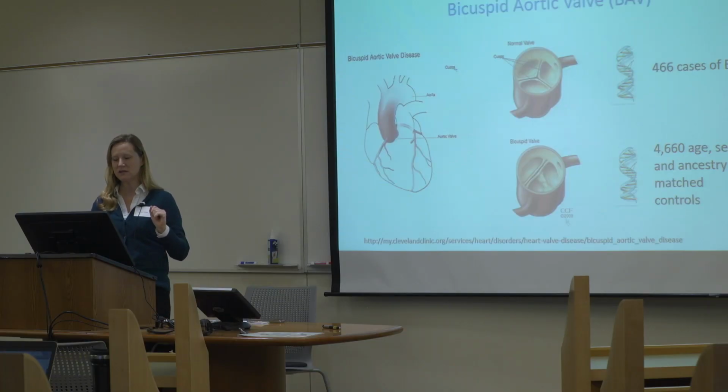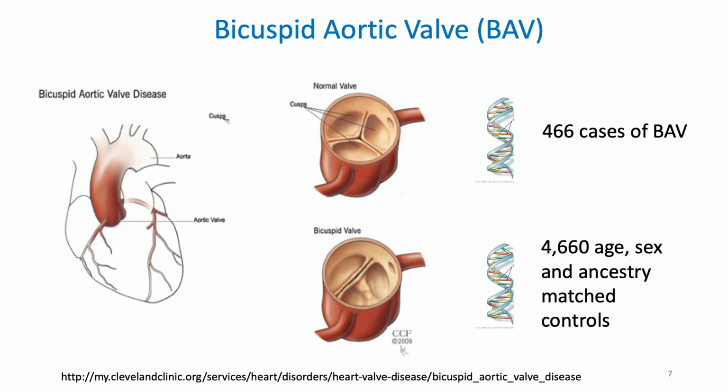So we use this as a boutique biobank to supplement what's already in a large biobank that exists at the university. One of the exemplar phenotypes that we wanted to study was bicuspid aortic valve, which is the most common congenital heart defect. It's a fairly mild congenital heart defect as far as congenital heart defects go. It's estimated up to 1% of the population walks around with this silent, minor change in their aortic valve where they have 3 leaflets that open and close instead of 2.